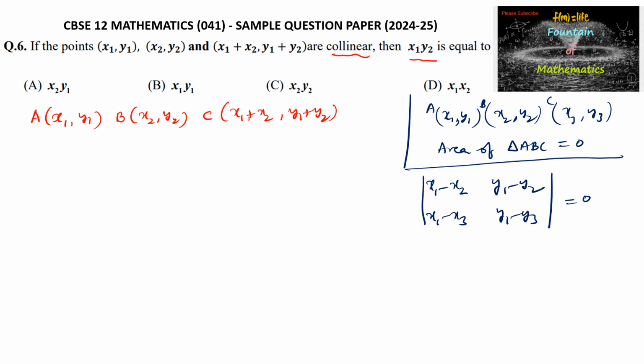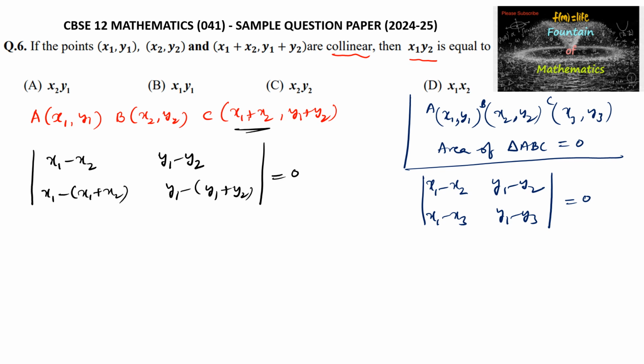So we can write the determinant of x1 minus x2, y1 minus y2, and in the second row, x1 minus x3, where x3 is nothing but your x1 plus x2, and here y1 minus (y1 plus y2), which is equal to 0. That is x1 minus x2, y1 minus y2, and after simplification we will get minus x2 here, and minus y2 here, equal to 0.